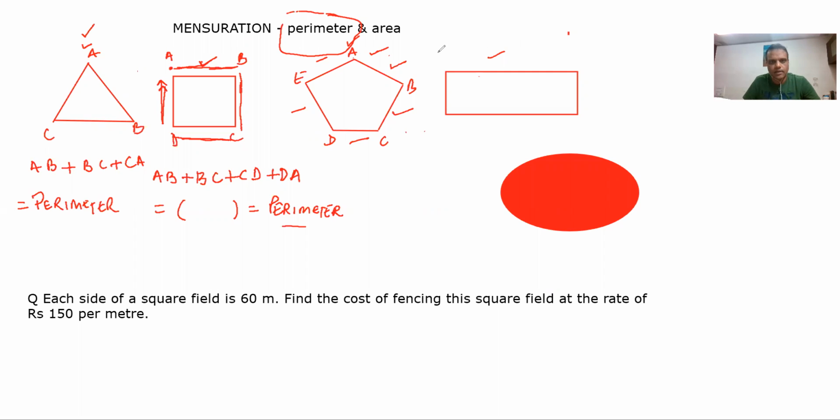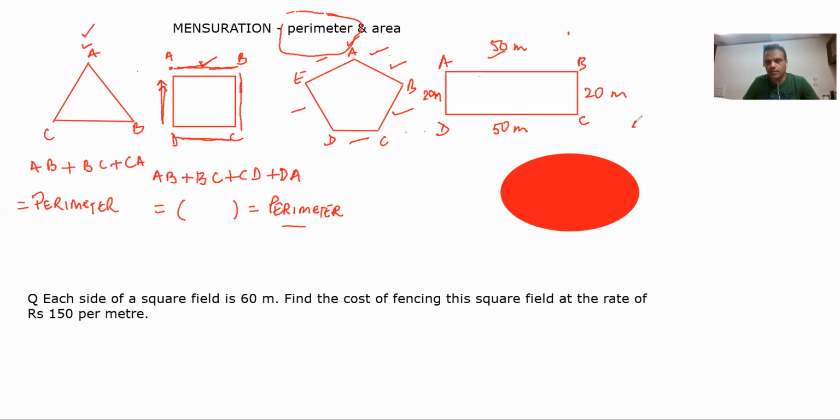Now, there can be a rectangle like this, A, B, C, D. Say this side is 50 meter, this is 20 meter, and this has to be 50 meter because this is a rectangle, and opposite sides are equal. The opposite side of DA will also be 20 meter. So what is the perimeter?